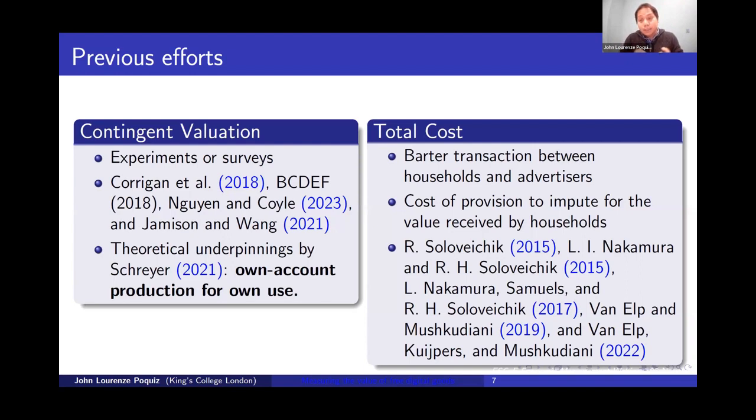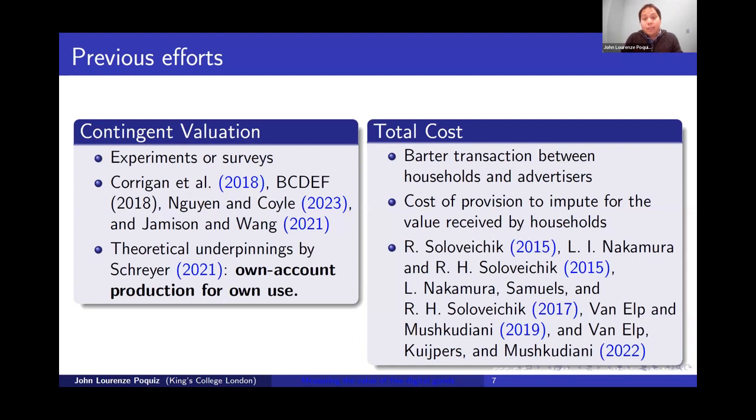For this set of studies, they characterize the provision of free digital services as a product of a barter transaction between digital service providers and households, wherein the households are selling their viewership in exchange for access to free digital services.